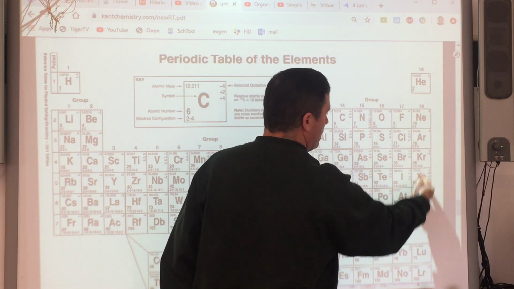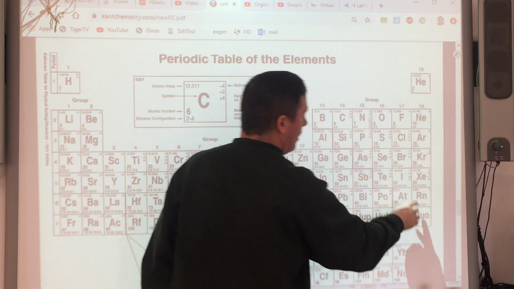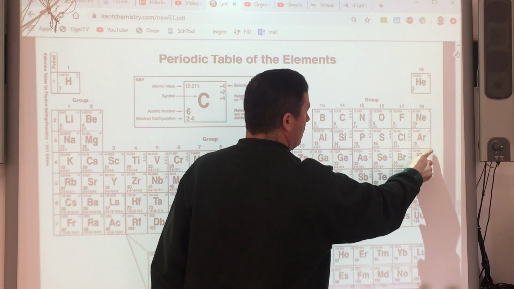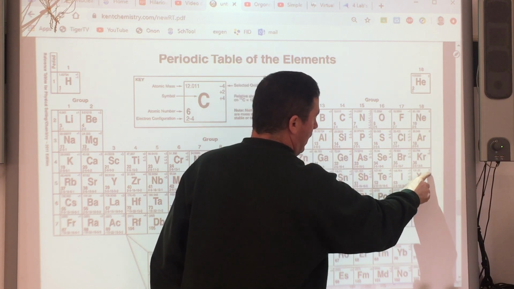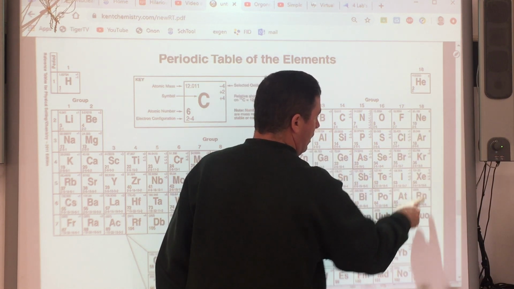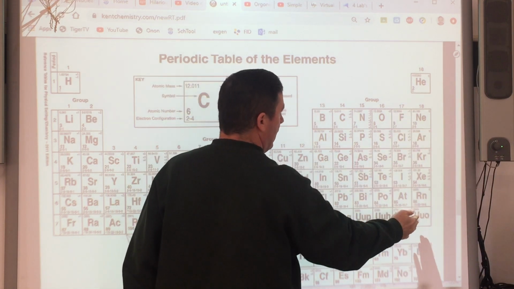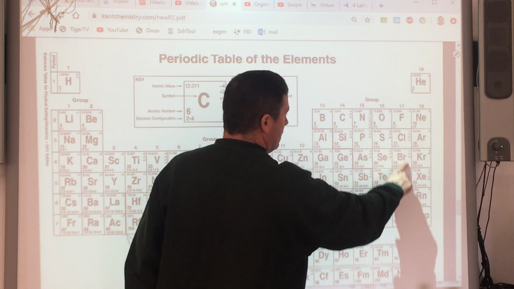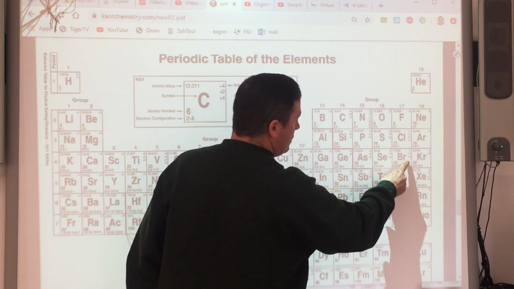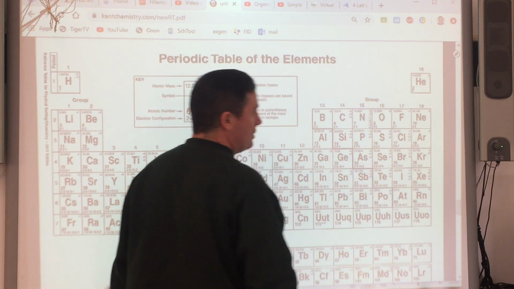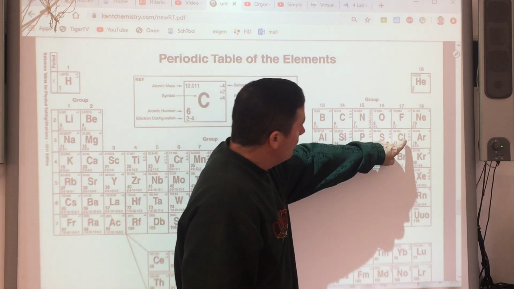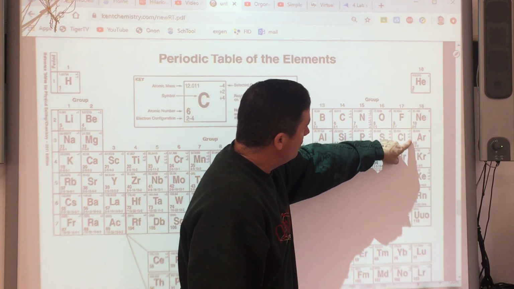Of course, these, for the most part, are going to have 0, but a couple of them do lose some electrons here, atypical of the noble gases. And these tend to be -1. But you also can see that there are different oxidation states. Look, some of these are actually positive.